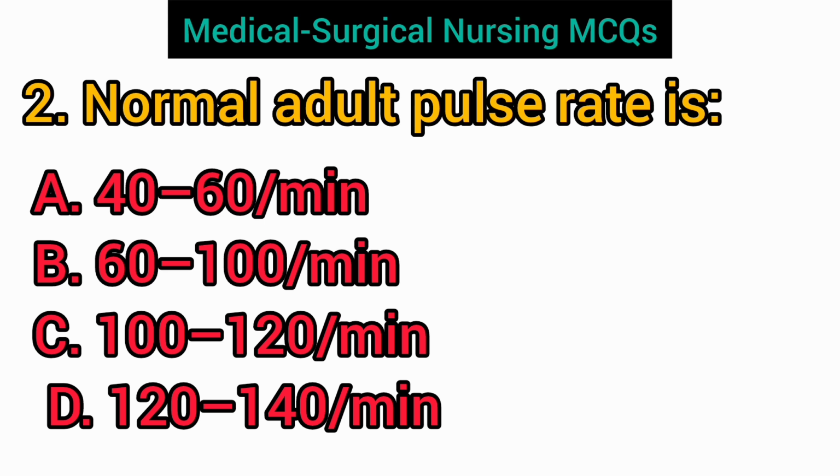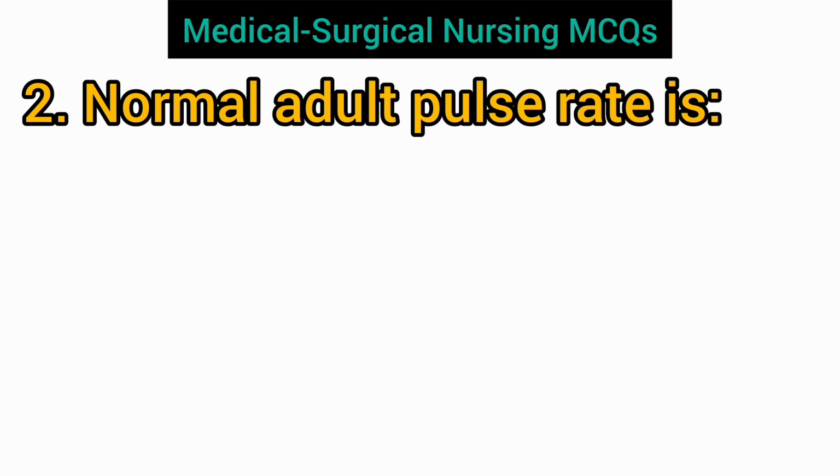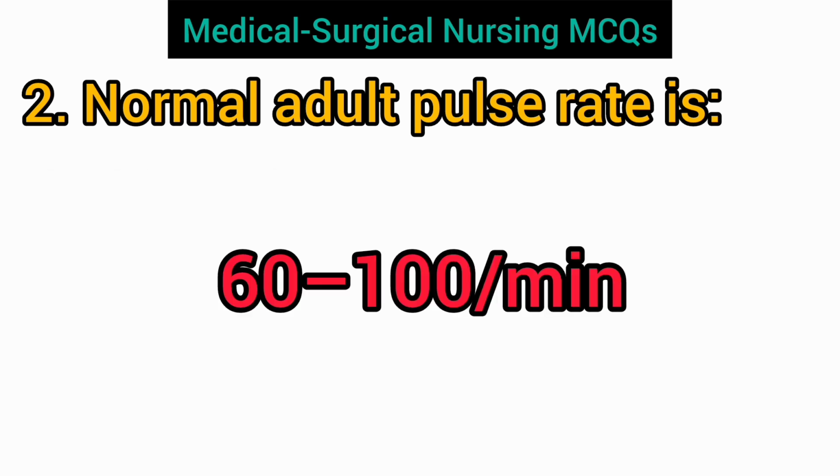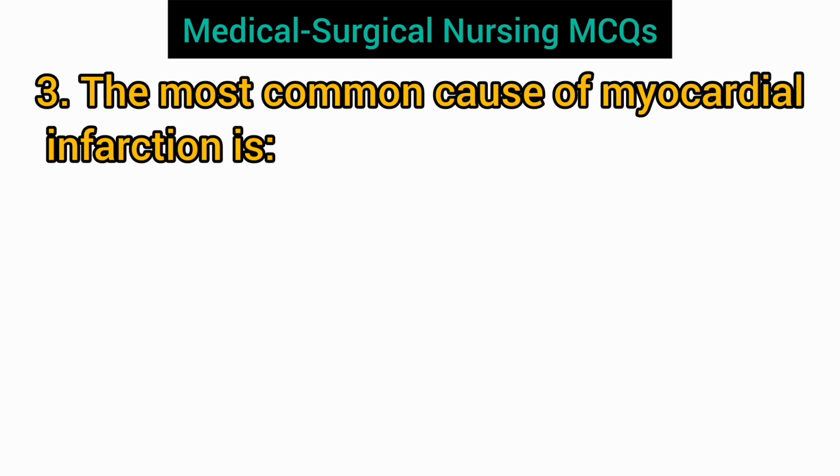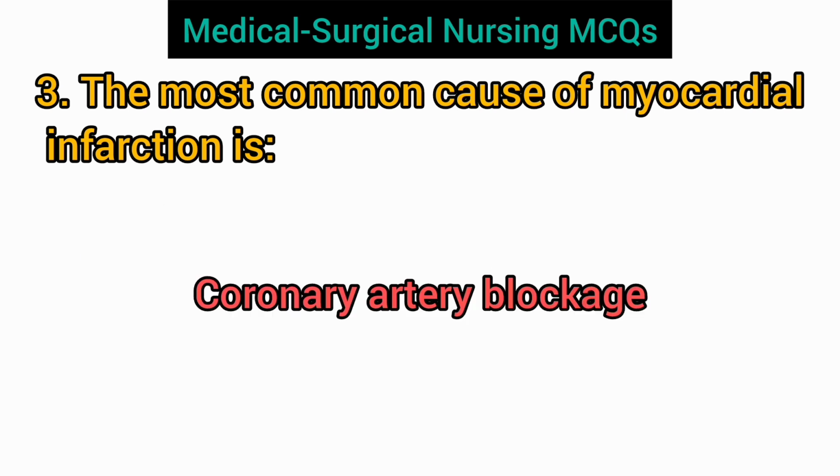Normal adult pulse rate is 60 to 100 per minute. The most common cause of myocardial infarction is coronary artery blockage.